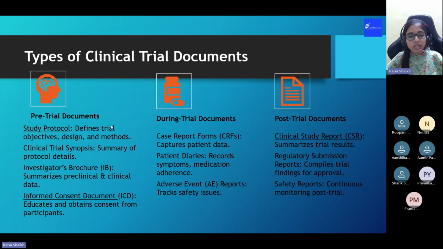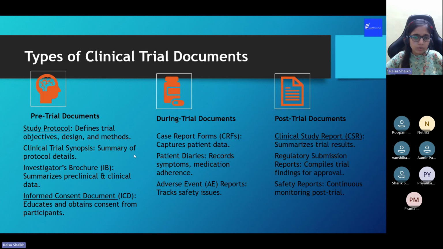The site person will conduct the assessments and fill the data in the case report form, so that at the end of the study we can compile all the data for each patient and analyze it. Case report forms are these days electronic, like online case report forms. It's not hard copies in most cases, but there are hard copies also.